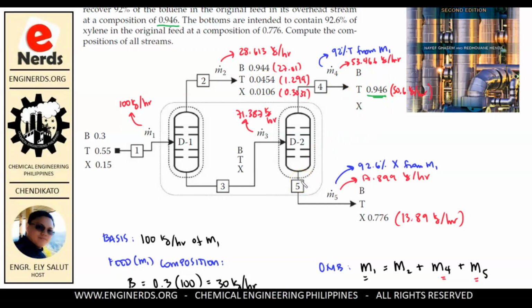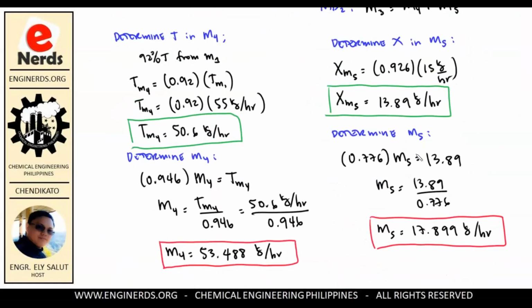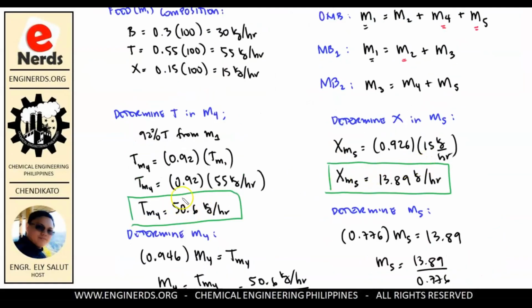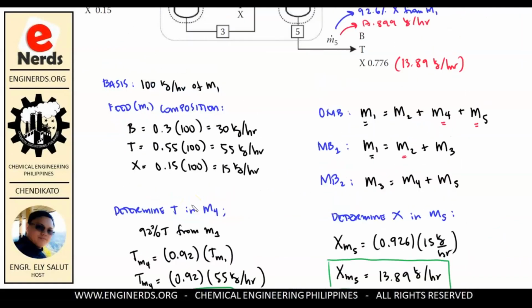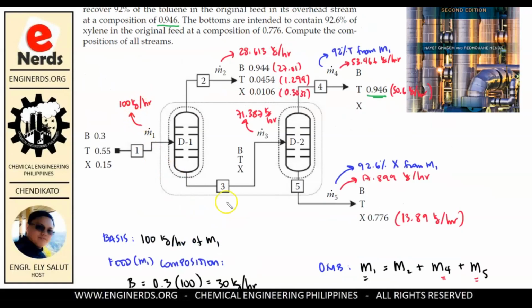Okay, so we know that in our M4, our toluene is equal to 50.6 kilogram per hour. So nasolve na natin yan dito. So we have this one, 50.6. Okay, so let us now solve for the toluene in M5.